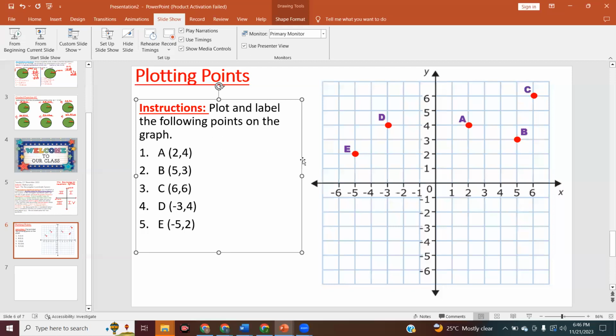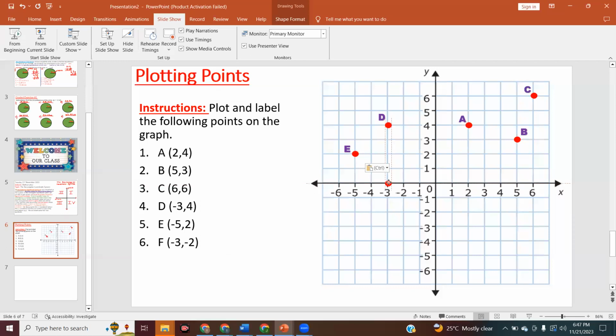Now, this is a good one. What if we have F, and let's say that F is -3, -2. How are we gonna do that? Start with the x-axis, -3.